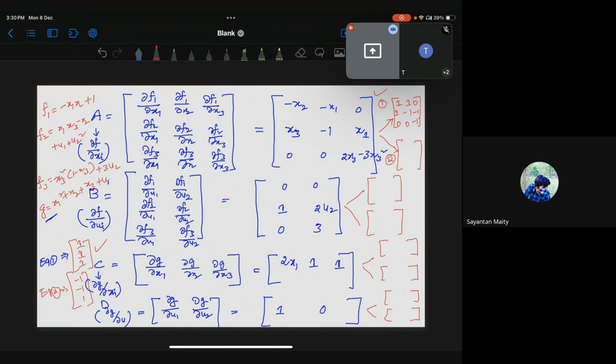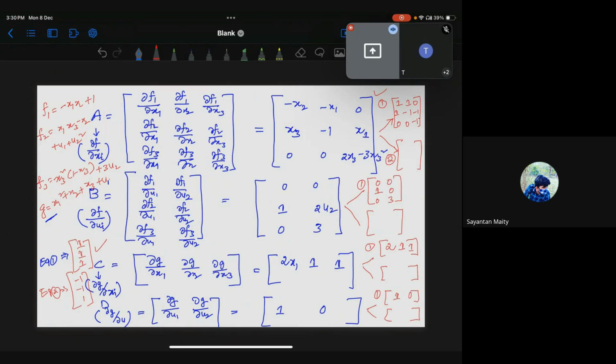With equilibrium 1 you will get the other matrices as 0, 0, 1, 0, 0, 3. The last ones you will get 2, 1, 1, and here you will get 1, 0. So that is with respect to equilibrium 1.